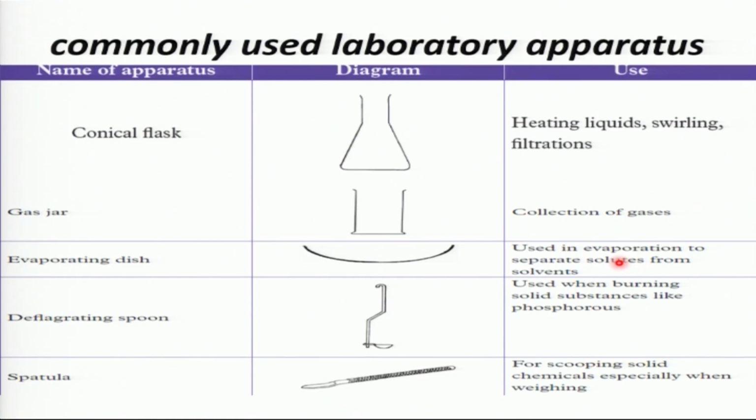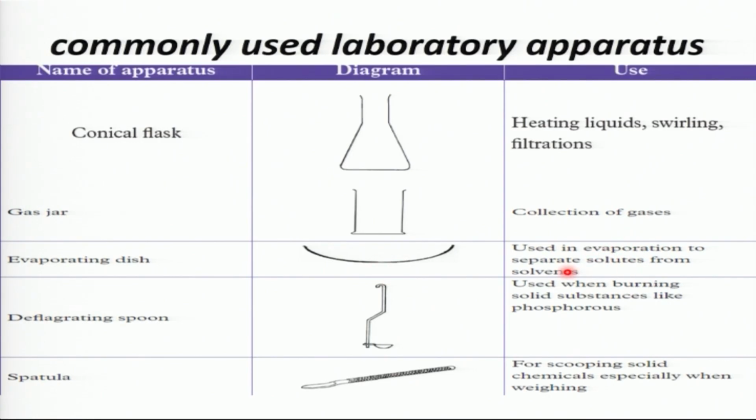But when I want to get back my salt and the liquid, I put it in an evaporating dish, then I heat. When I heat, the water will evaporate and leave the salt on the evaporating dish. So the evaporating dish is used in separation of solutes from their solvents.